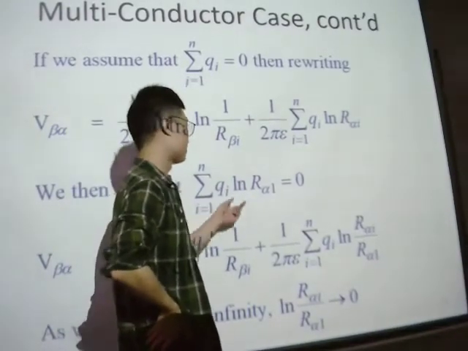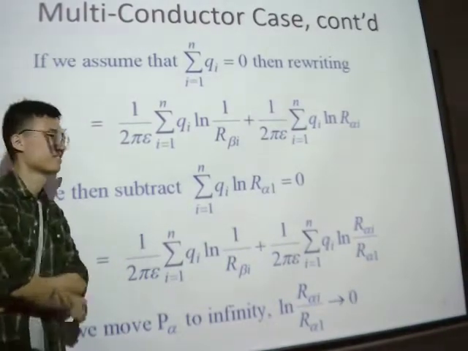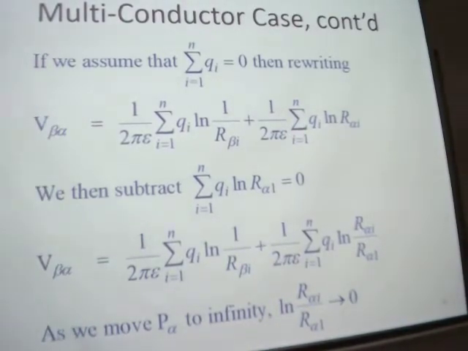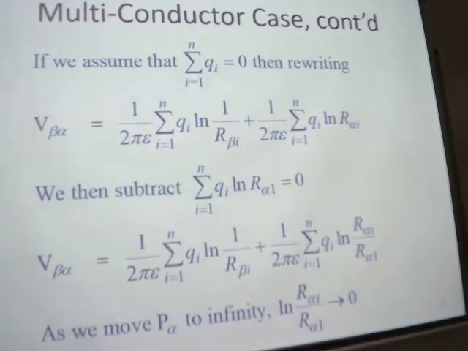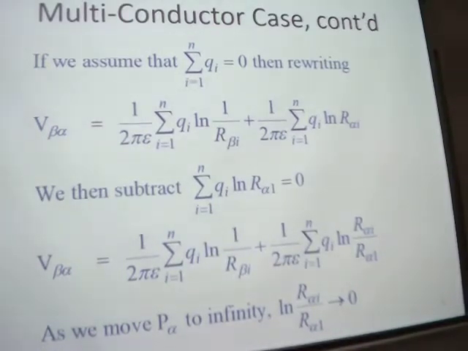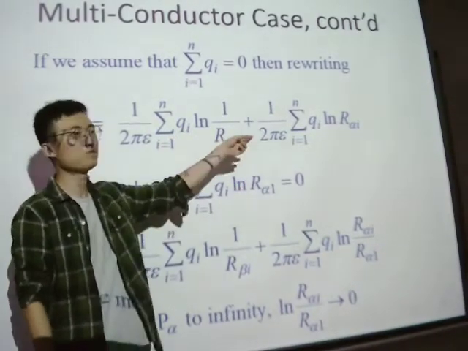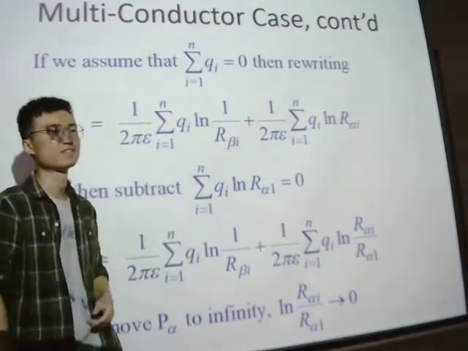Why are these variables? Do you know why this is equal to 0, while these two are not equal to 0?